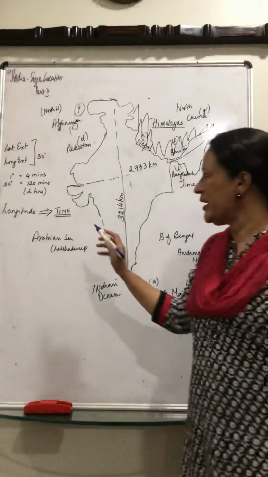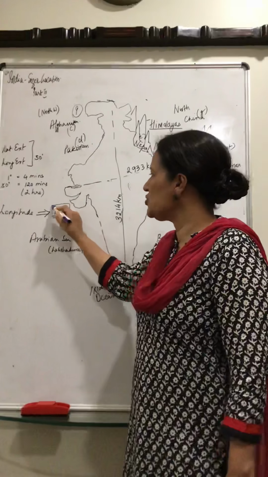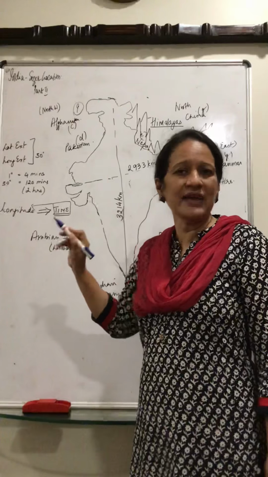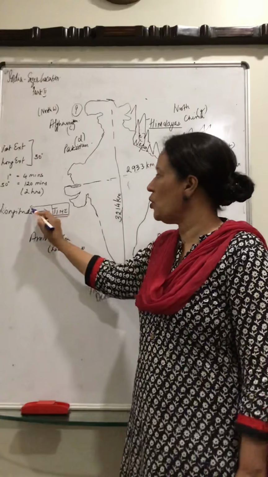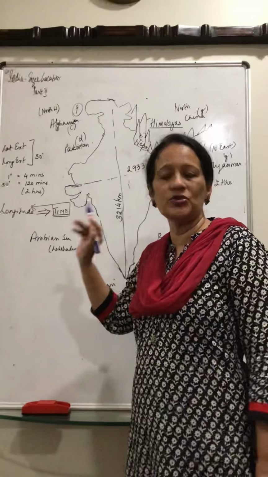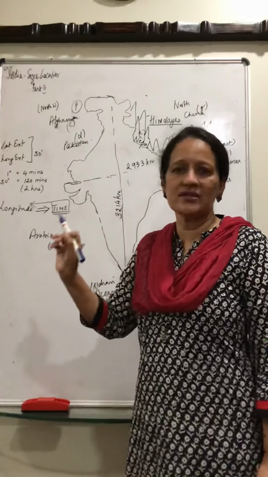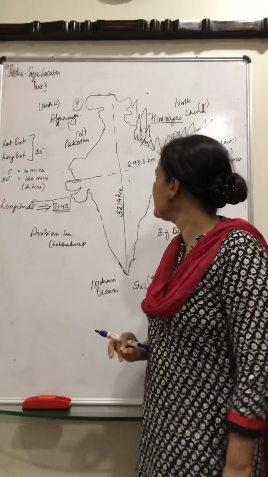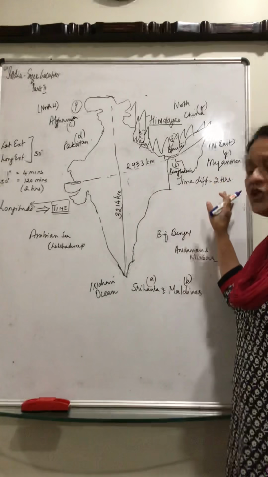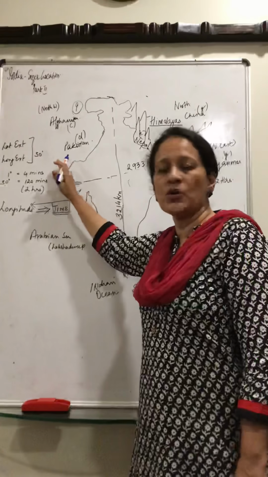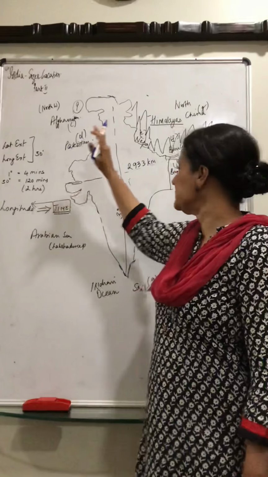Now remember, when you speak of time, it is always connected to longitudes. Time is connected only and only to longitudes and not to latitudes. So time equates longitude. Remember this. Now, Arunachal Pradesh is our easternmost state. Gujarat is the westernmost state.